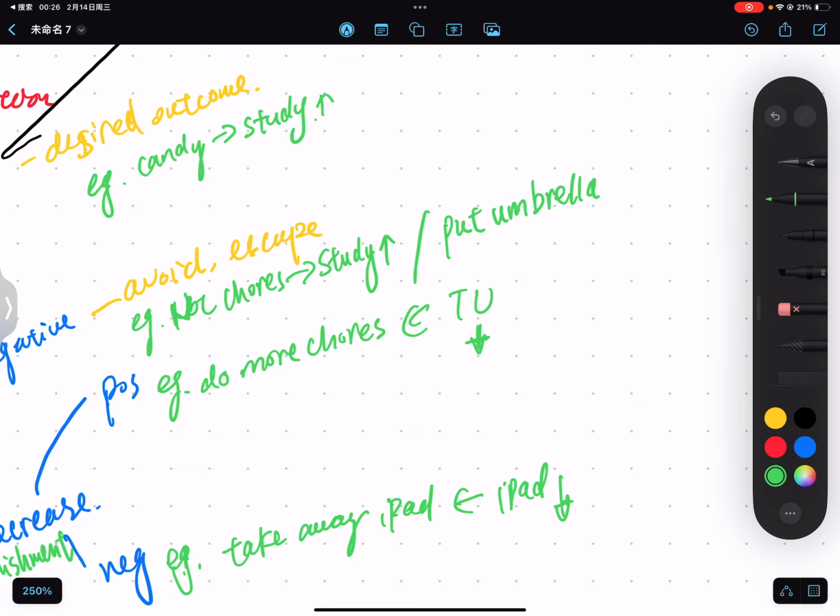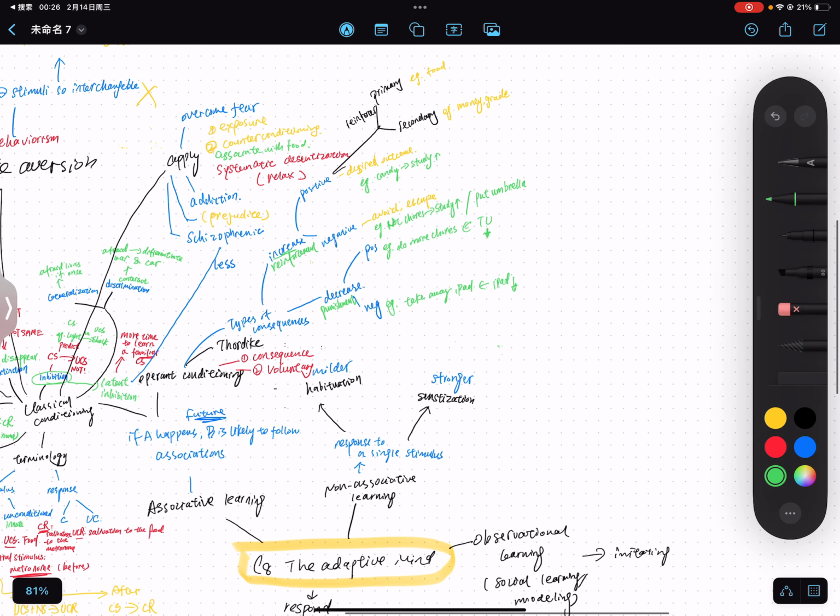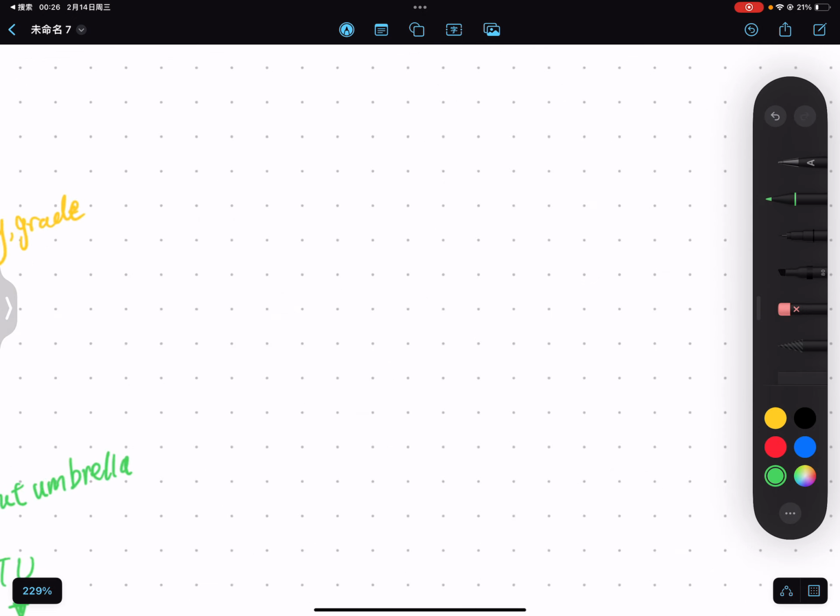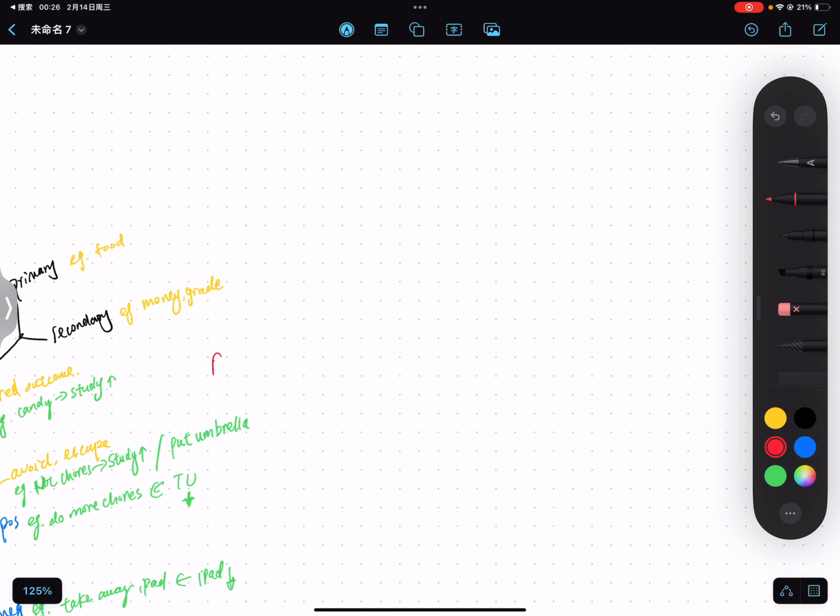So we have an amazing result: for reward and punishment, for the adults it's actually the same, but for the adolescents they learn from reward better, so we need to use more reward.